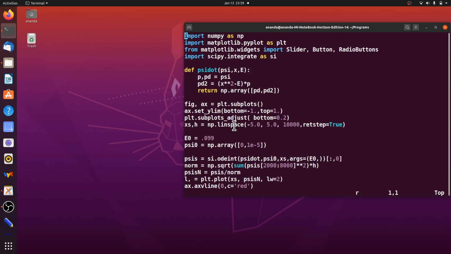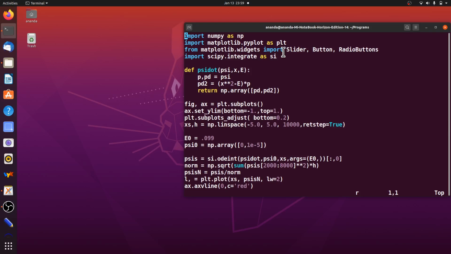As you can see from the top, this uses various Python modules, in particular NumPy, matplotlib, and scipy. All of these should be pretty familiar to you from previous courses, except perhaps the matplotlib.widgets thing here. All that I'm using this for is essentially to give me a slider, which I can put in my graph so that if I move the slider with my mouse, I can actually change the value of a variable.